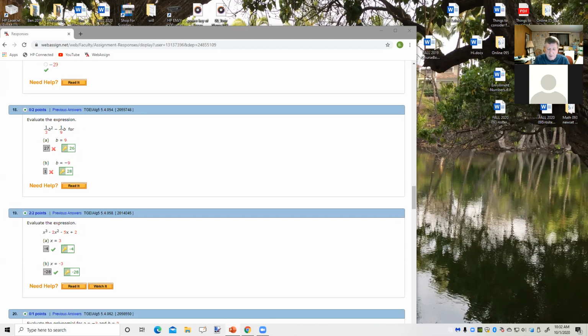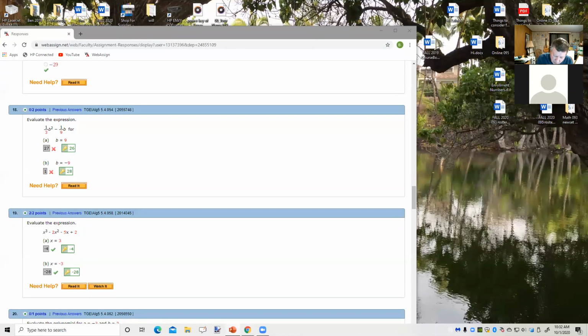Now, order of operations, we do exponents before regular multiplication. So the first expression, 1/3 9 squared, would become 1/3 times 81, or 81 over 1, and then minus 1/9 times 9, or 9 over 1.